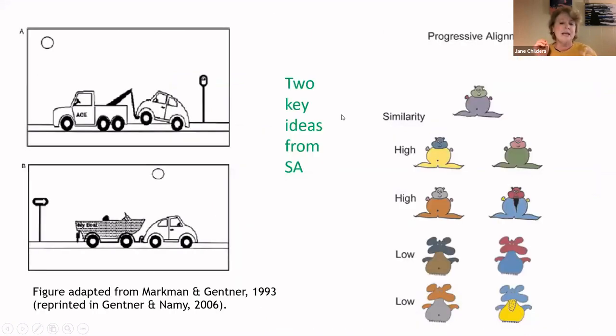So there are really 2 key ideas in structural alignment that are really helpful for verb learning. One is that when they compare instances to each other, they're going to align specific elements from one event to the other. And most of you know this theory really well. I just want to walk through a verb example, or an event example, I should say.